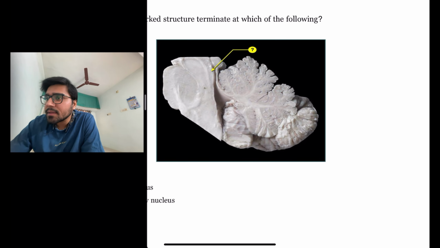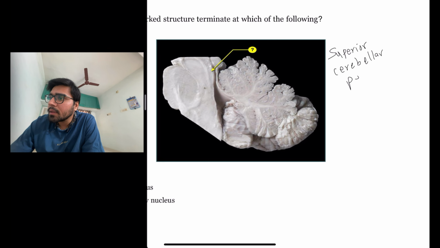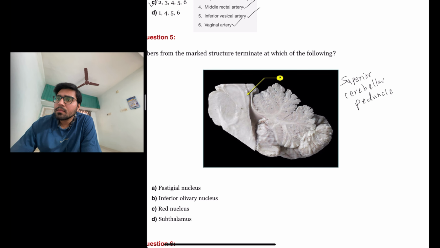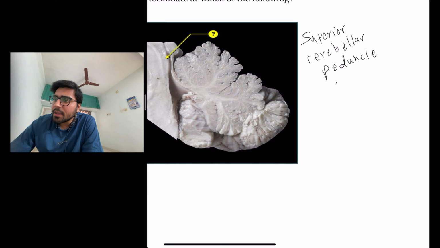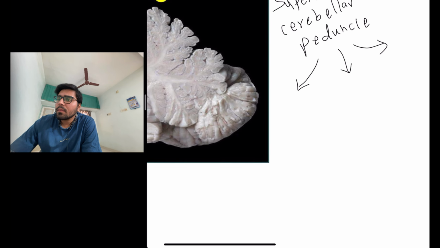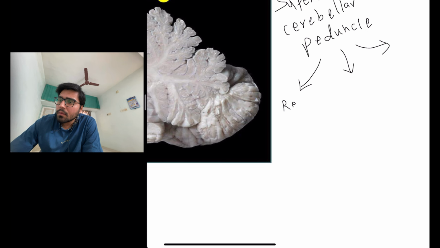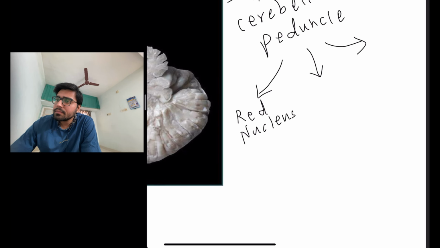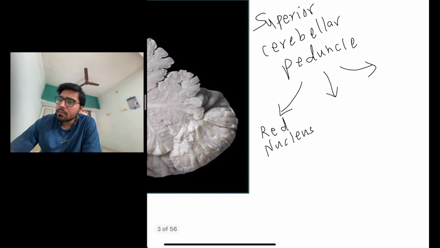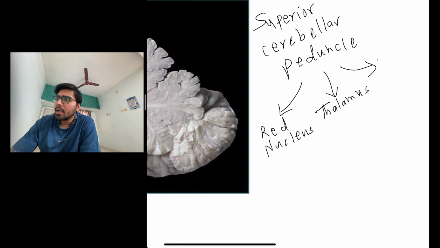So this marked structure is the superior cerebellar peduncle, and the fibers from the superior cerebellar peduncle terminate at the red nucleus, thalamus, and brainstem.